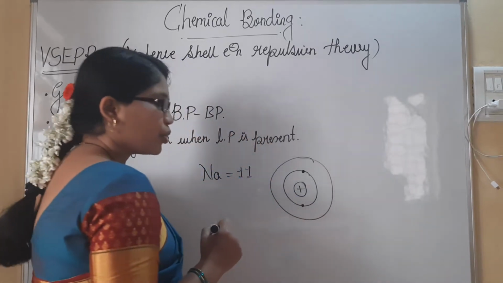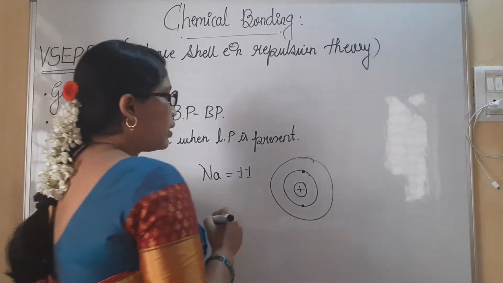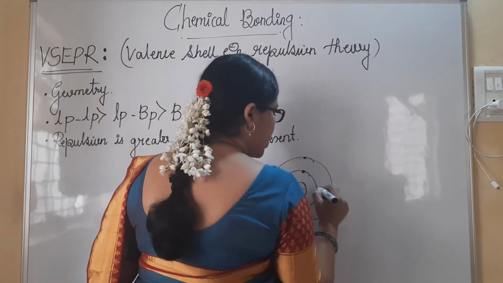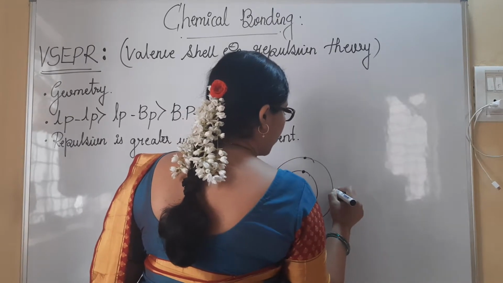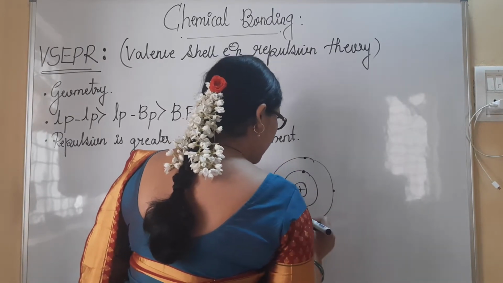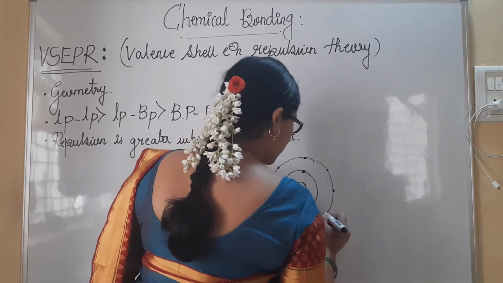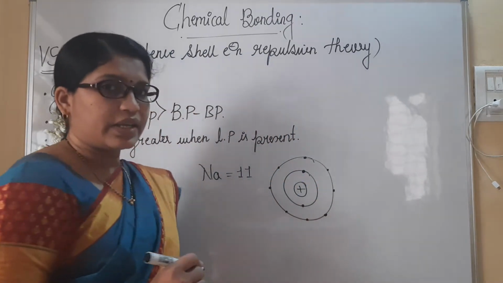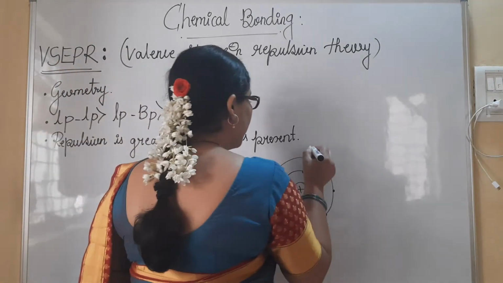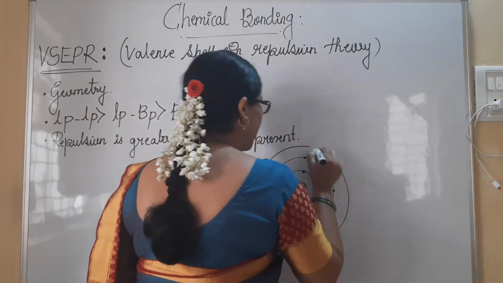So in the inner shell, it is said to be the K shell. It is filled with 2 electrons. Then the second shell, it is said to be L. Now we are filling electrons in L. Right, 4 plus 4, 8 electrons. 2 plus 8, 10 electrons are covered. Now let me fill 2 more electrons.